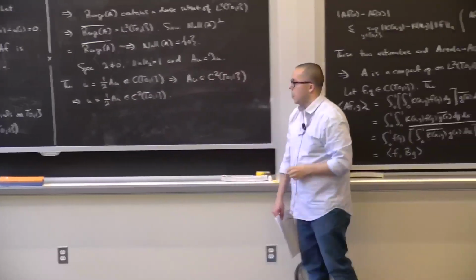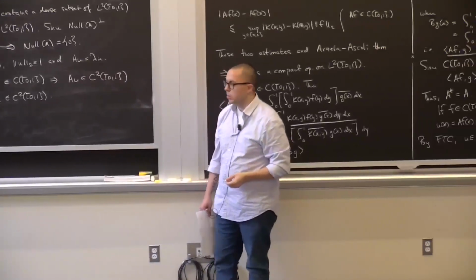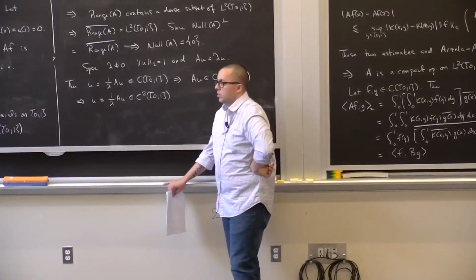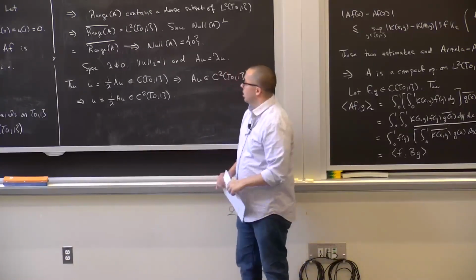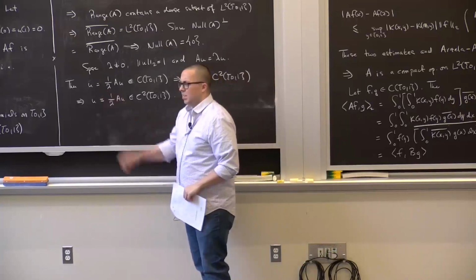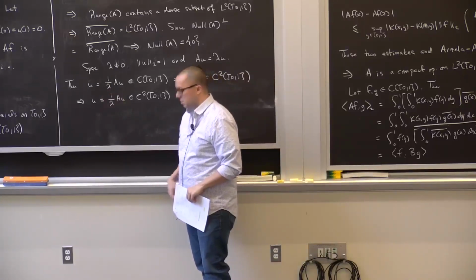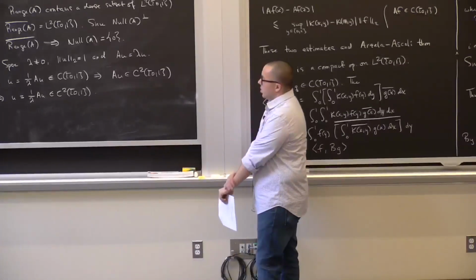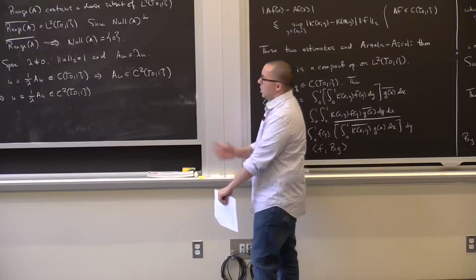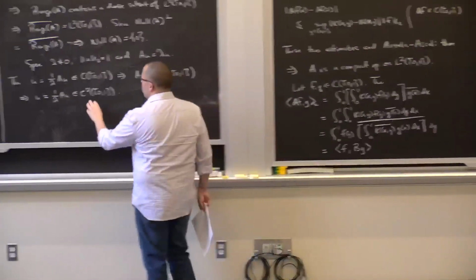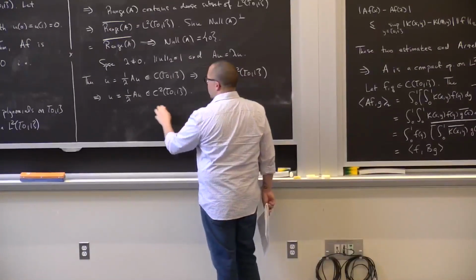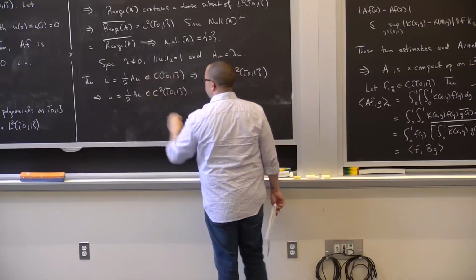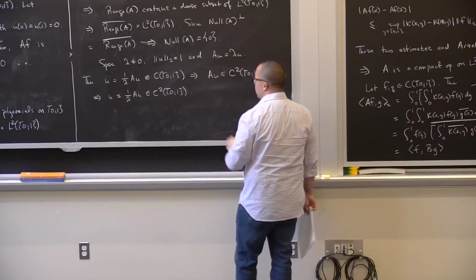Okay, this is what's called a bootstrap argument, I guess, or is that the right word? I don't know. In any case, we conclude that an eigenfunction of A is twice continuously differentiable, right?